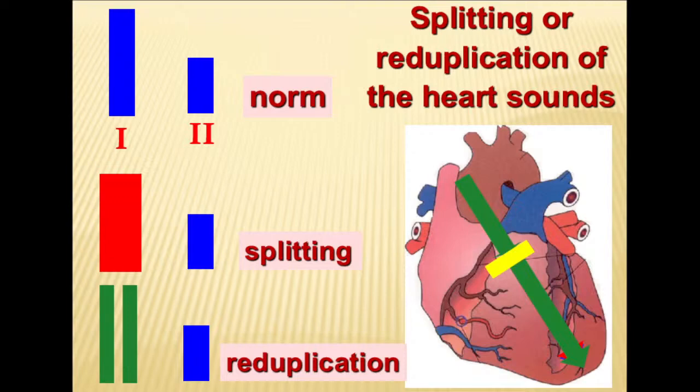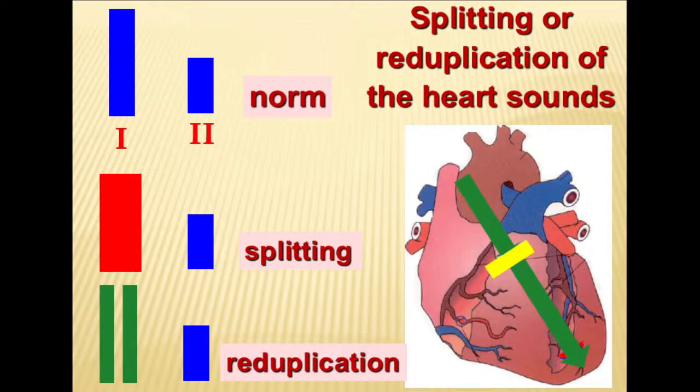Splitting: when the impulse is slightly delayed and the processes of contraction of the atrium, closing of the valve and contraction of the ventricle are slightly slower, the duration of the first sound is prolonged.